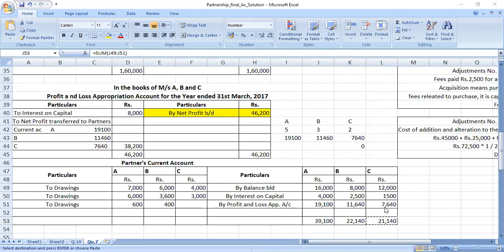Yes, C's credit side total 21,140, B's credit side total 22,140, and A's 39,100.